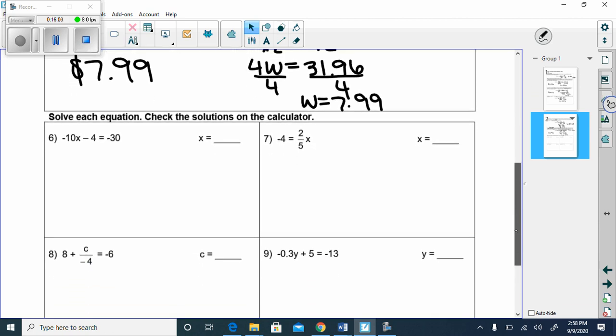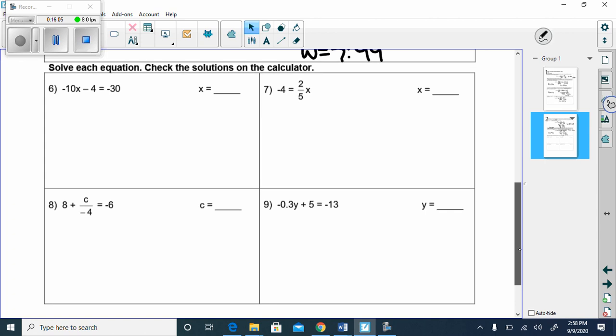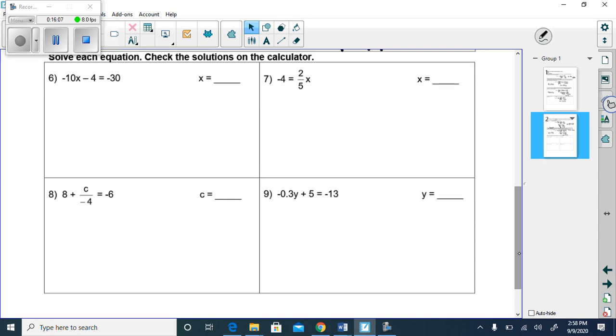Okay, in these last ones, they already have the equation set up for us. They just want us to solve it and then use our calculator to check them. So, on number 6, what would I do to solve that one? Add 4. Okay.